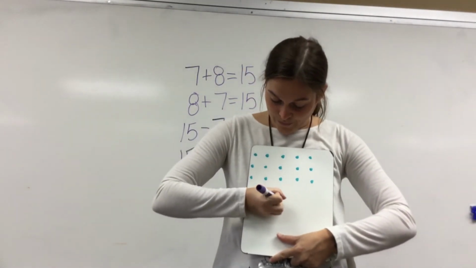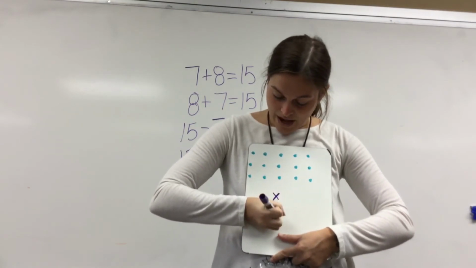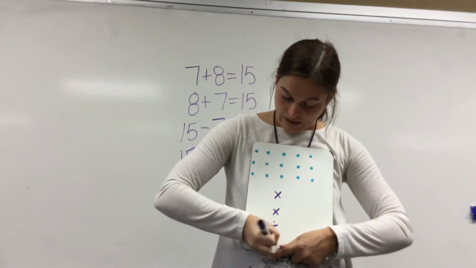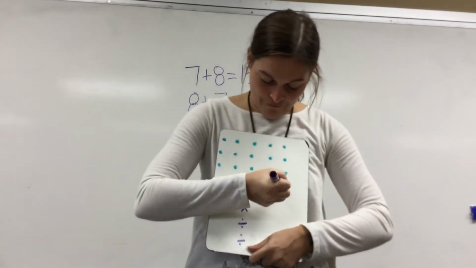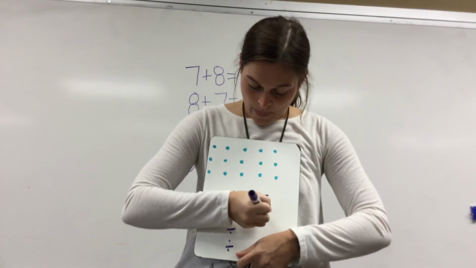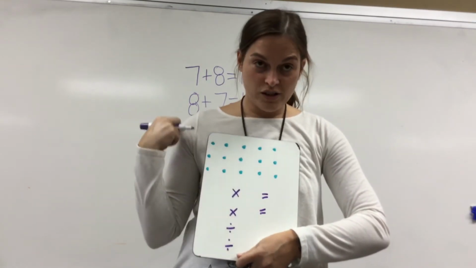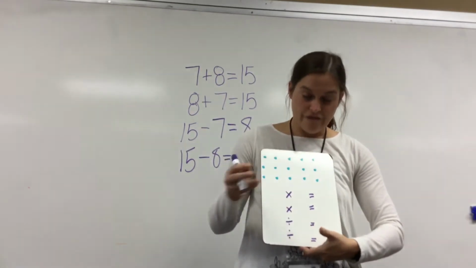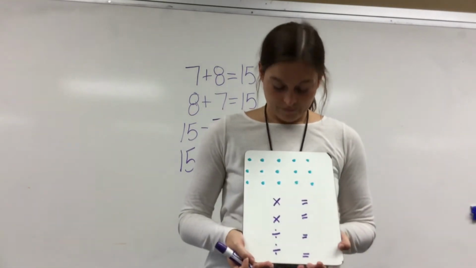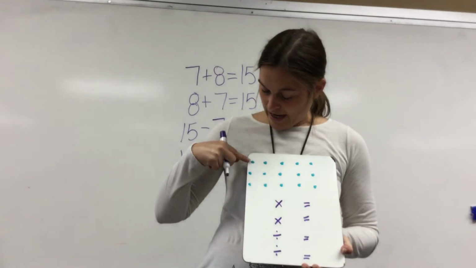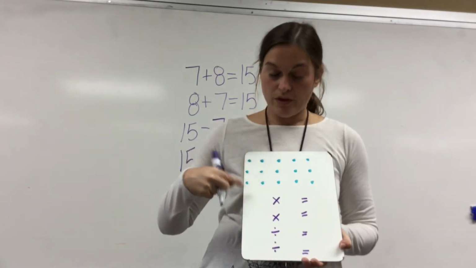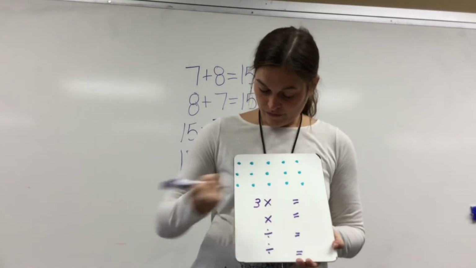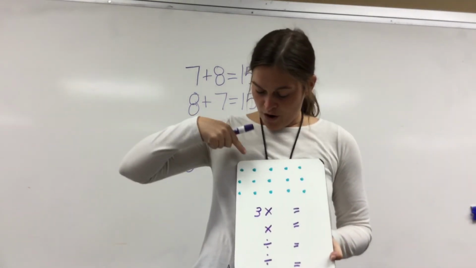See if you can help me out with this one. So I know when I see my array like this, and I want to make a fact family, I'll have 2 multiplication and 2 division facts. I have 1, 2, 3 rows. How many are in each row?